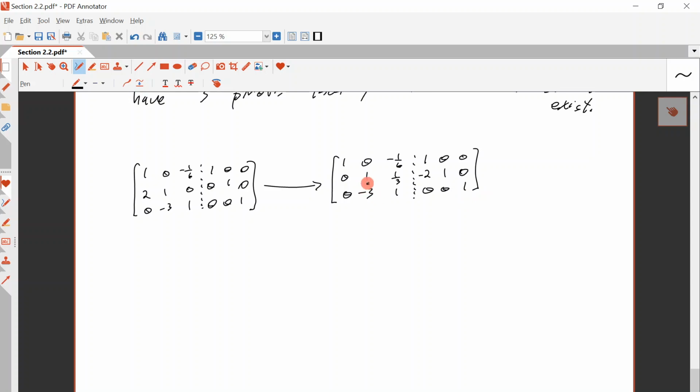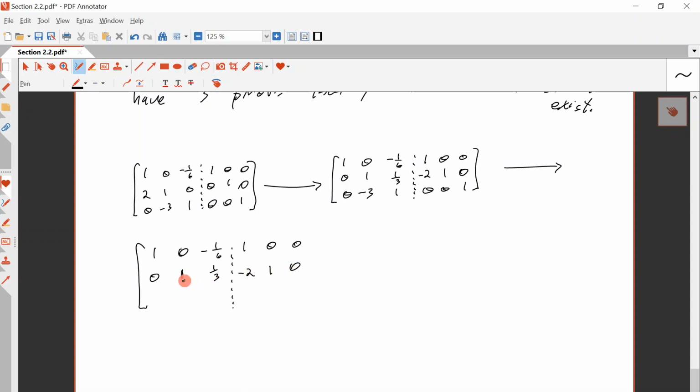Next, I'm going to add row 2 to row 3, 3 times. So first row and second row don't change. 0, 1, 1/3, minus 2, 1, 0.